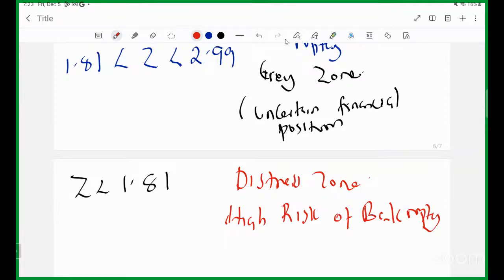We can't see the screen. I think people want to see the question. Okay.